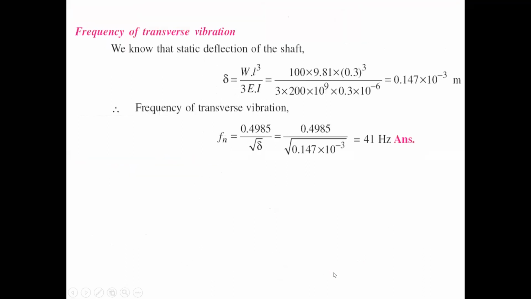And now we are going to find the transverse vibration. When the type of vibration is transverse, the static deflection also changes here. The formula is WL cube by 3EI.